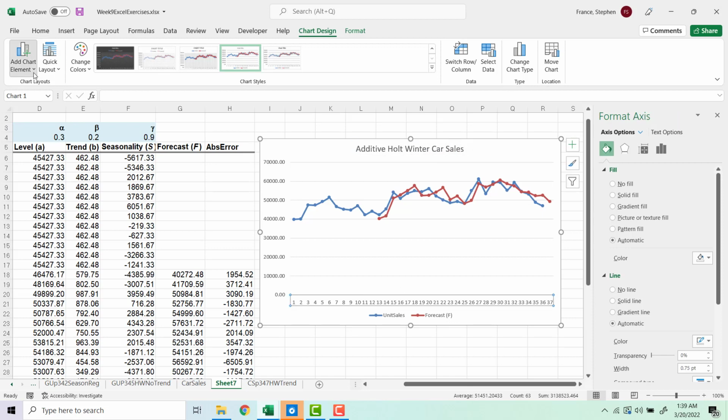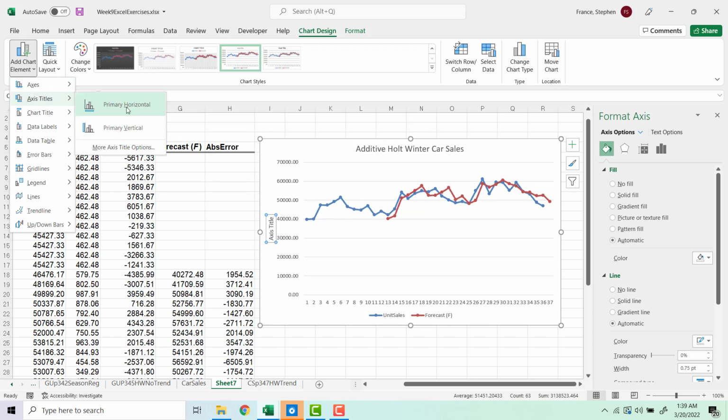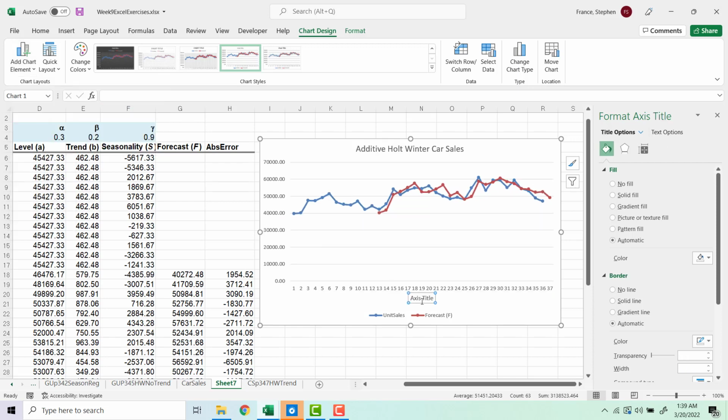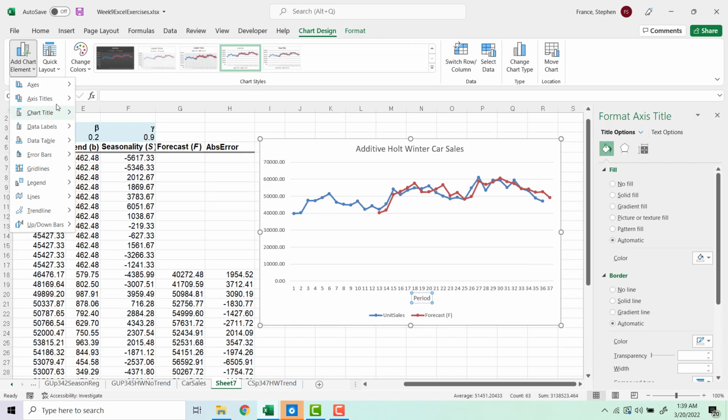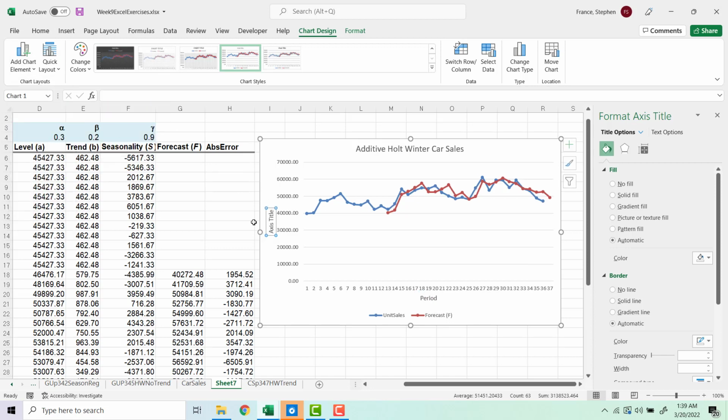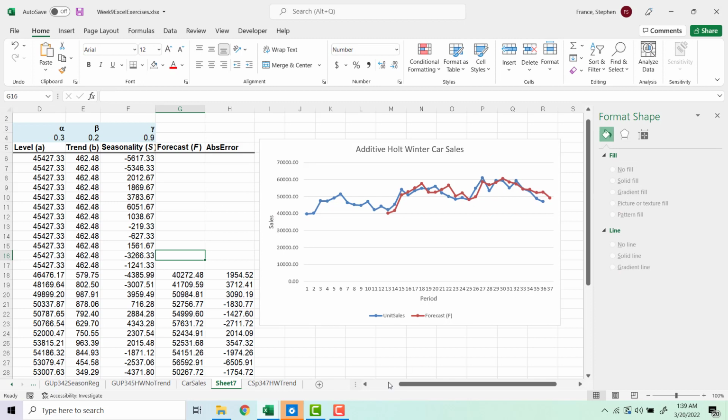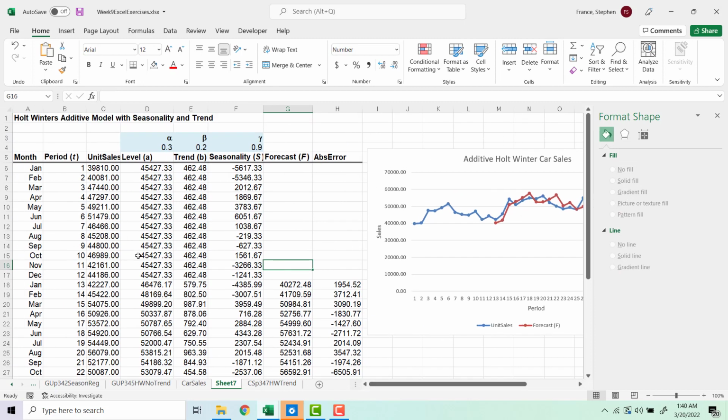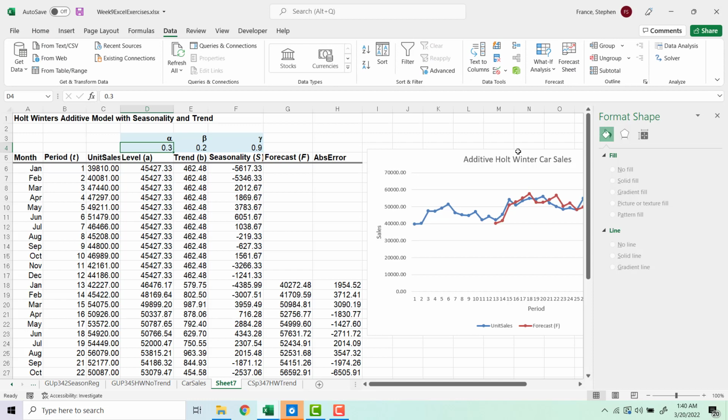And we're going to add chart element, period, add chart element, axis titles, vertical, and sales. Okay, so that's pretty much that, but we don't forget to do Data, Solver.